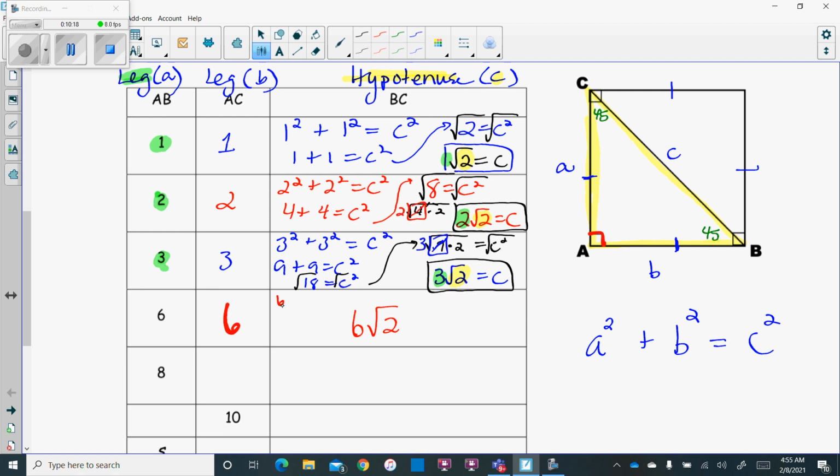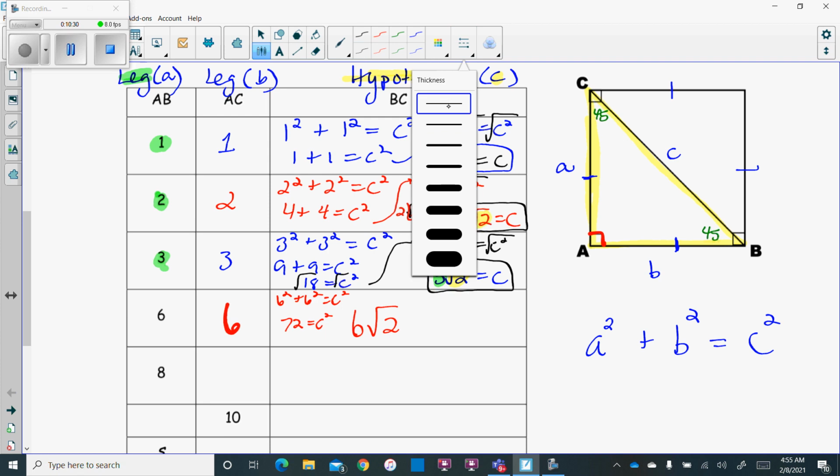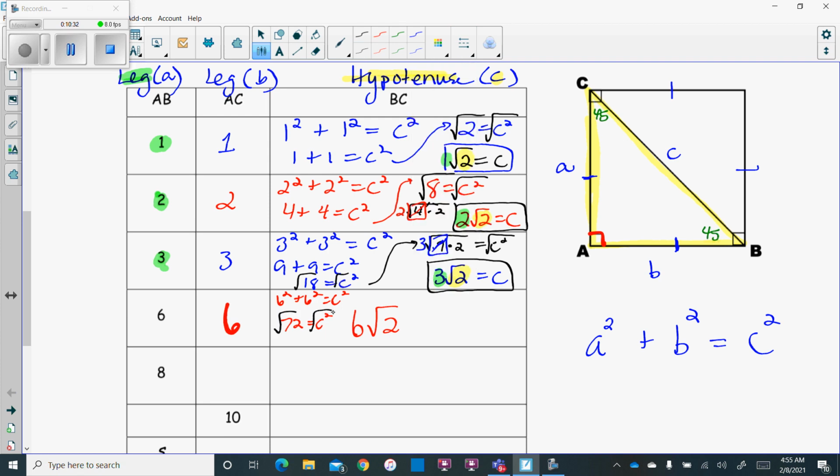I would still do my 6 squared plus my 6 squared equals c squared. Well, that's 36, and 36 and 36 will give me 72 equals c squared. Then I would have to simplify that. I could break that down. I'm going to move this over. I could break that down into 36 times 2.